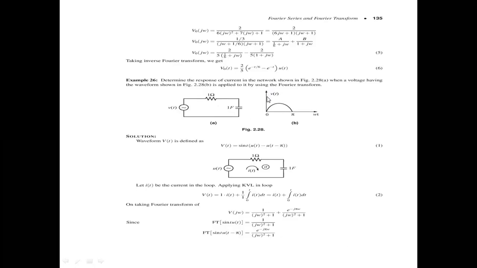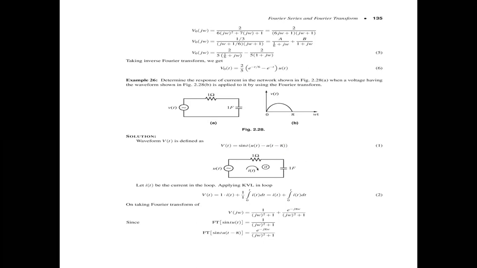See, for the voltage they have given a graphical representation, simply the waveform. This waveform you can observe here in the solution. The v of t is defined as v of t is equal to, they wrote, sine t mu of t minus mu of t minus pi.